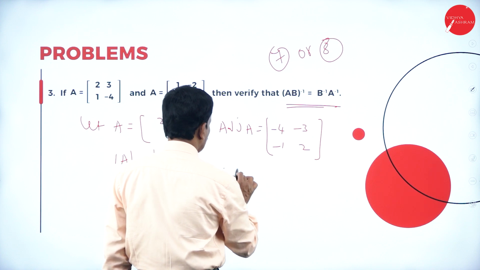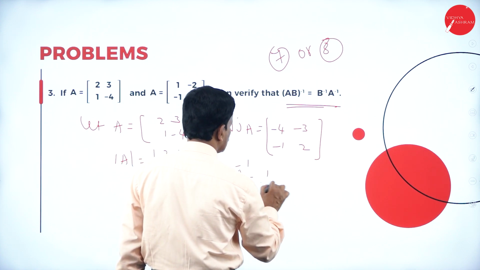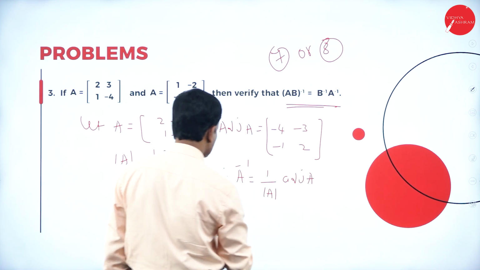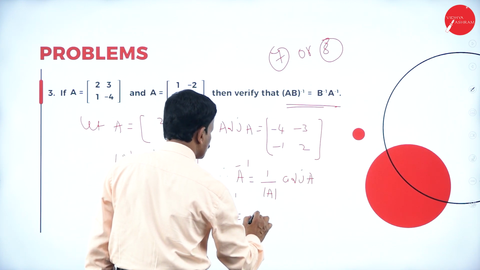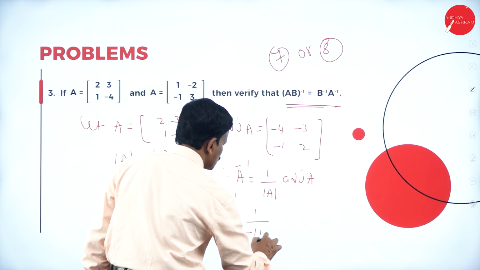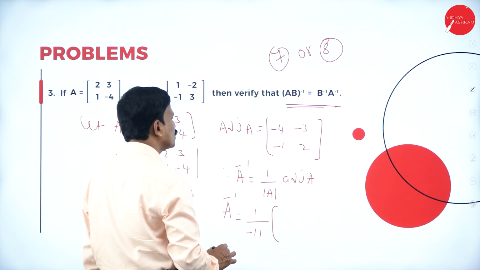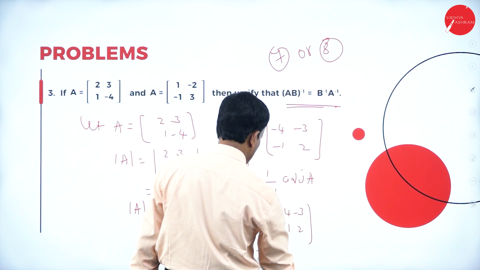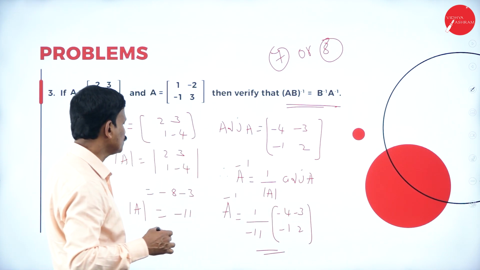So therefore A inverse is equal to 1 over determinant of A into adjoint of A. That is A inverse is equal to 1 over determinant, which is -11, into adjoint of A. Adjoint of A is -4, -3, -1 and -2. This is the inverse of A.